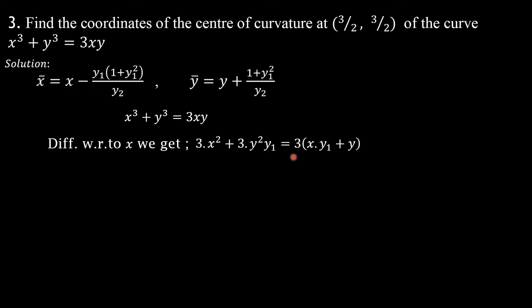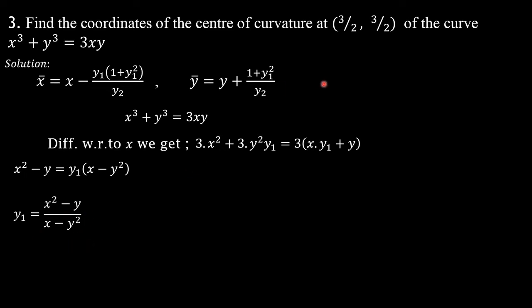equal to 3 into, apply the product rule over here, x into differentiation of y with respect to x, that is y1, plus y into differentiation of x with respect to x, that is 1. Just simplify the expression, students, so that you get y1 = (x² − y)/(x − y²).